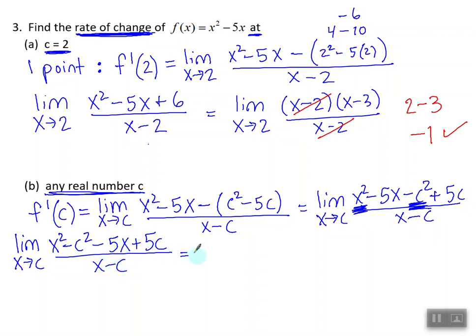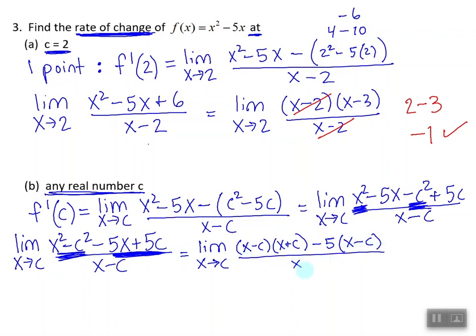Now I did that because x squared minus c squared is a difference of squares, and that can be factored. Limit as x approaches c, x minus c times x plus c is our difference of squares. And then this group can be factored by taking out the common factor negative 5, and I'm left with x minus c. Notice that I have a common factor in each of these groups of x minus c, and now that can be factored out.